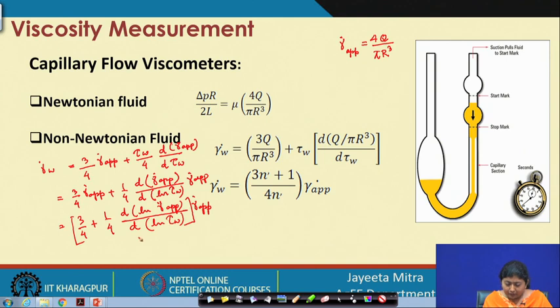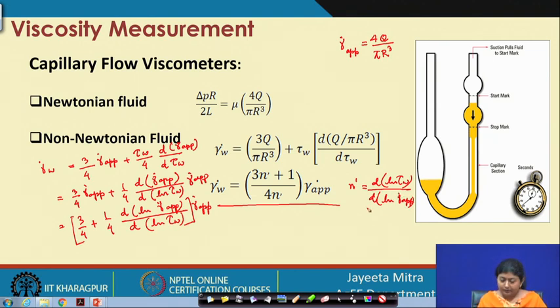And from here we can get this expression: gamma w dot is equal to (3n' plus 1) by 4n' into gamma dot apparent, taking n' equal to d of ln tau w by d of ln gamma dot apparent.